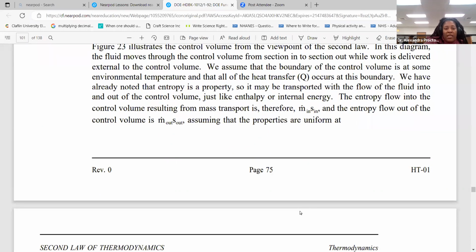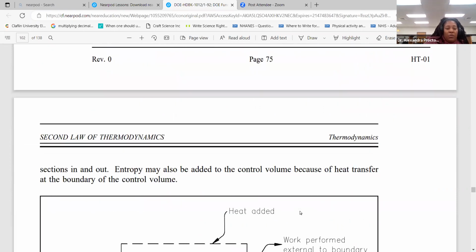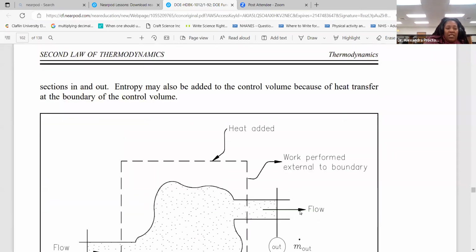We have already noted that entropy is a property, so it may be transported with the flow of fluid into and out of the control volume, just like enthalpy and internal energy. So entropy flows into the control volume by mass transport: m_in s_in, and the entropy flows out of the control volume, m_out s_out, assuming that these properties are uniform at sections in and out.